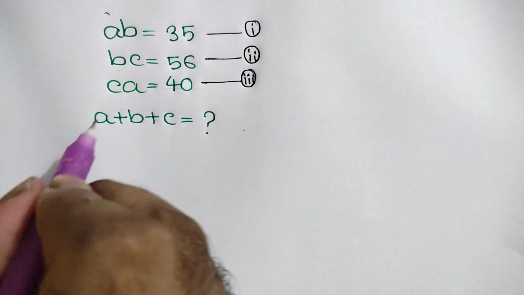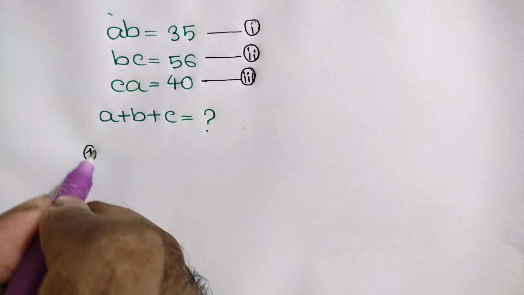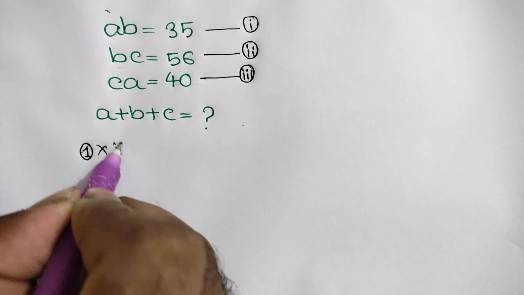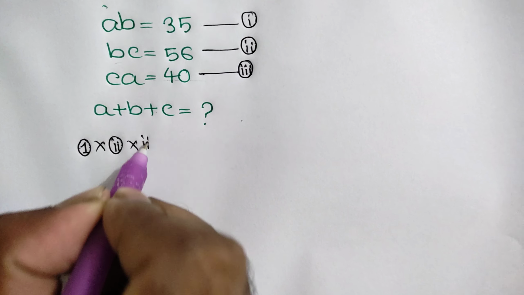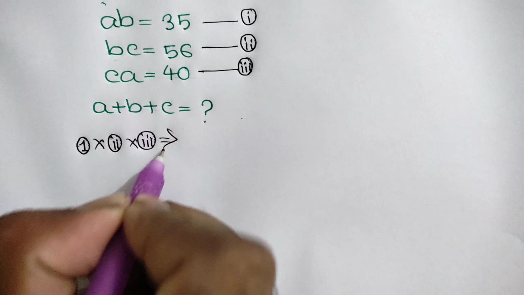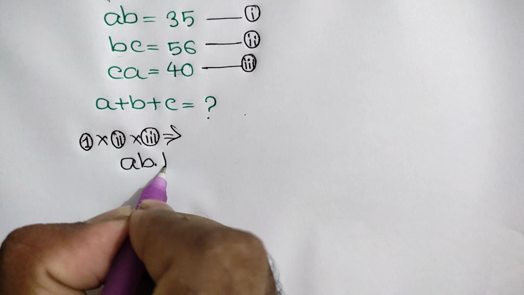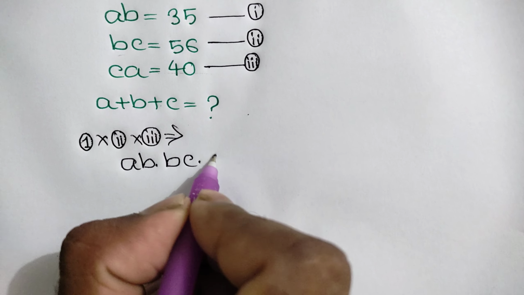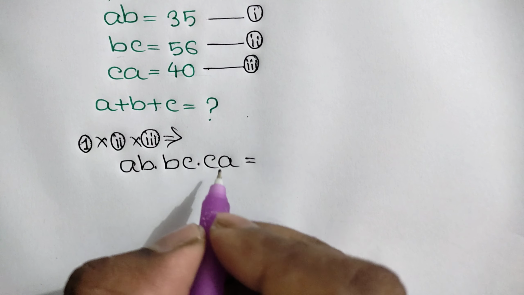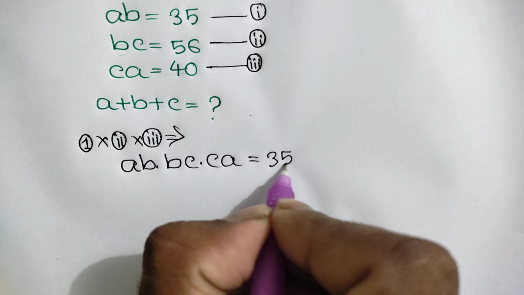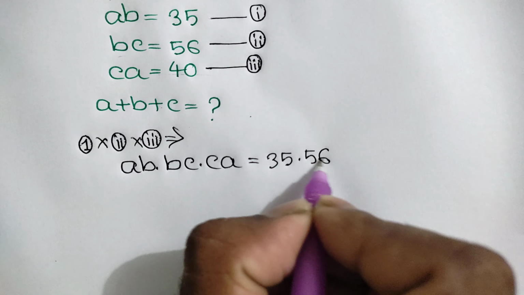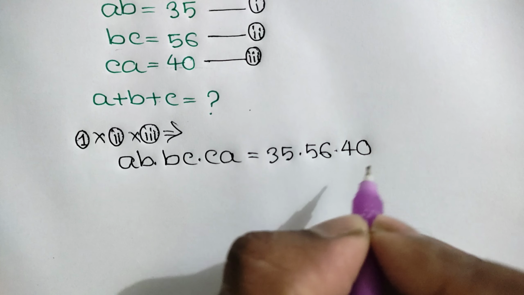Now multiplying equation 1 times 2 times 3, we can write here AB times BC times CA is equal to 35 times 56 times 40.